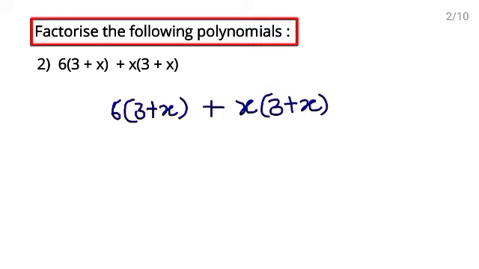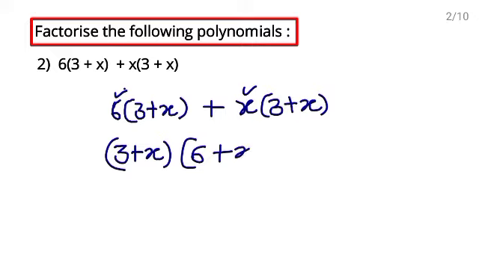Here 3 plus x is the common binomial factor. So we will take it outside the bracket, 3 plus x. Now in the bracket we have 6 plus x. So this is your answer.